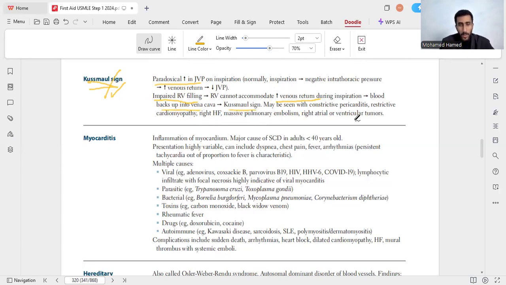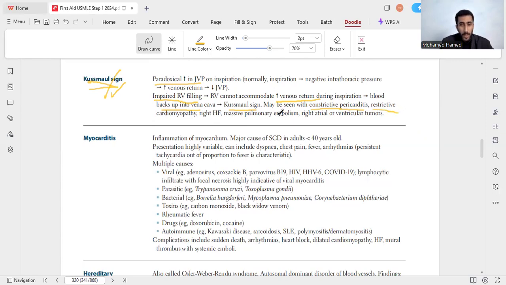When we go through the causes of this condition, you will see that there are different causes that will not let the right ventricle accommodate blood. At the level of the pericardium, there is constrictive pericarditis, which constricts the heart and makes it unable to accommodate the increase in the venous return to the right ventricle.